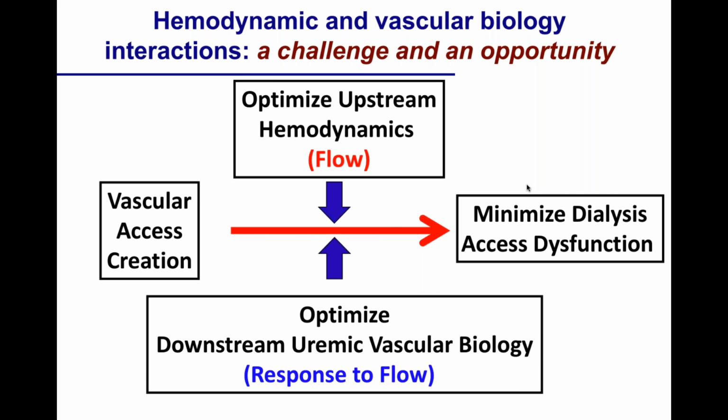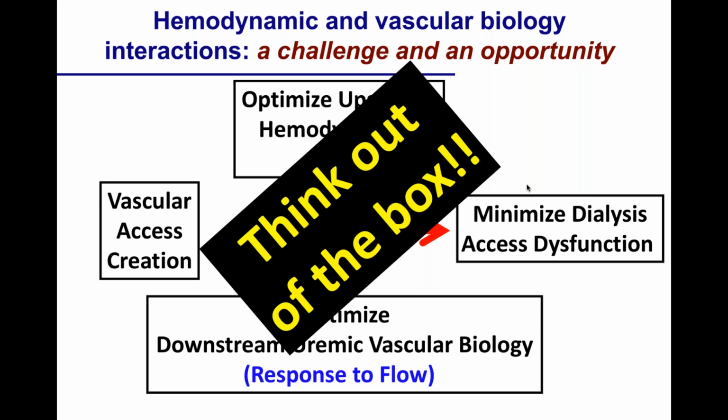And I would argue that be it an attempt to alter hemodynamics or uremic vascular biology, we probably need to think out of the box more than we have been thinking in the past, even, I would say very strongly in my career, because we're really not that much ahead as compared to 5 or 10 years ago to some extent.